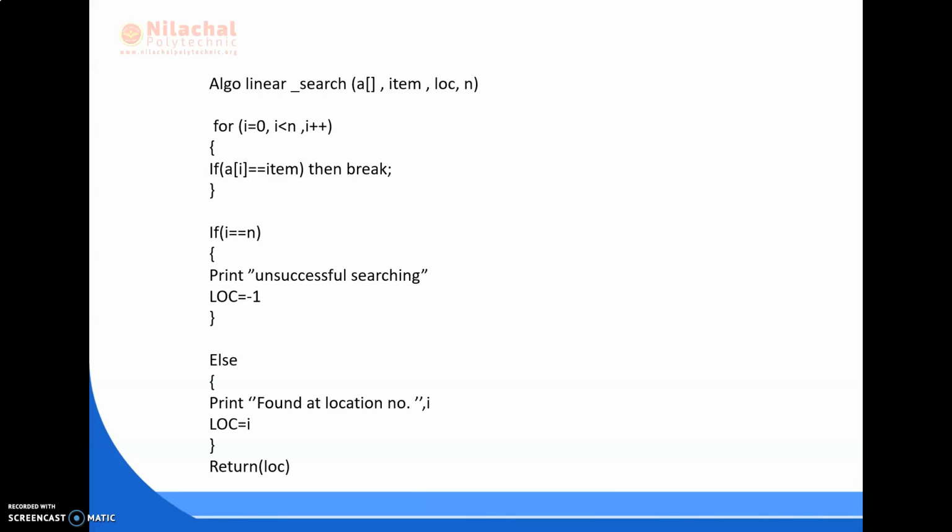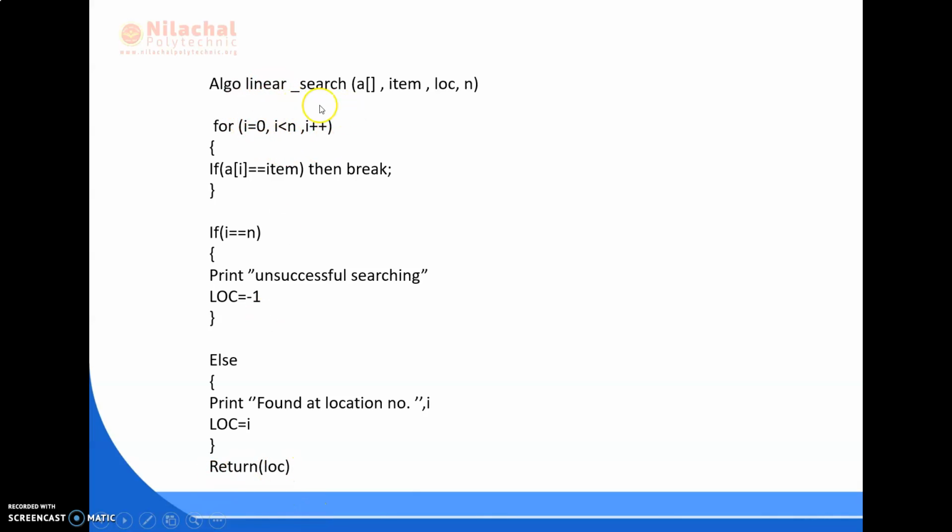Okay, so we come to the else part. If A of I is equal to item, then after the break we come to the else part. Here we will print that the item is found at the ith position. So the I value will be the location, and here we return the location.